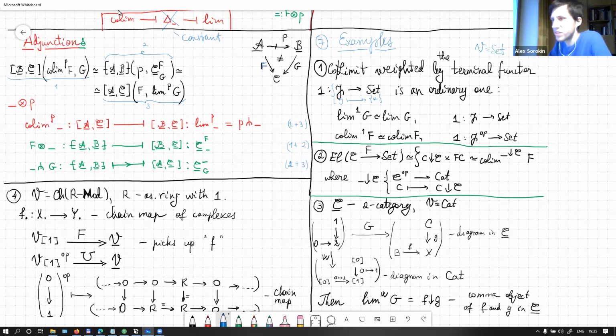So we have a fixed category C, and for any object we are giving the comma category, the category of all morphisms going out of this object, and this will be a weight. As you see here, our cosmos is the category of small categories. So our weight will be a category valued functor.